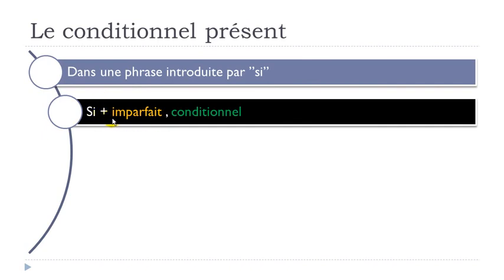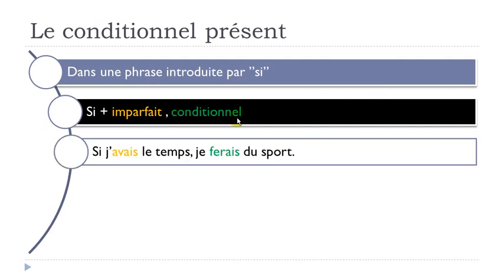We didn't see this form yet. It will come in the next unit, sorry. So no stress about that. It's just for you to know that if you want to construct this if structure, then it should be followed by imparfait. Then comes le conditionnel.